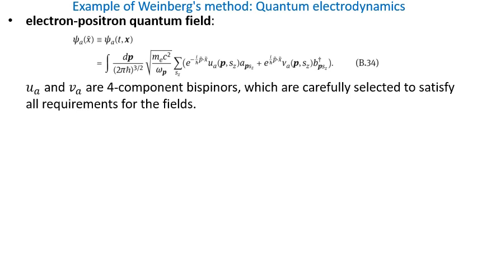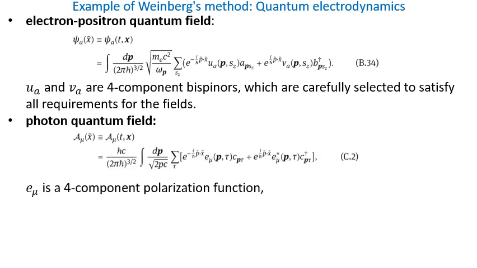This is the electron-positron quantum field. Similarly, one defines a four-component photon quantum field. As a photon is its own antiparticle, here we have both annihilation and creation operators of the same particle present in the field.